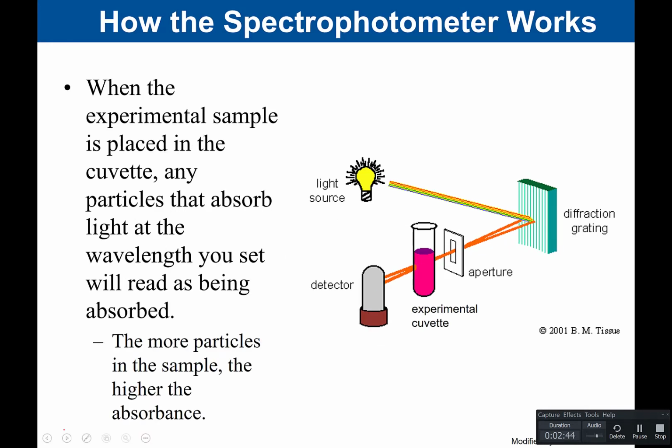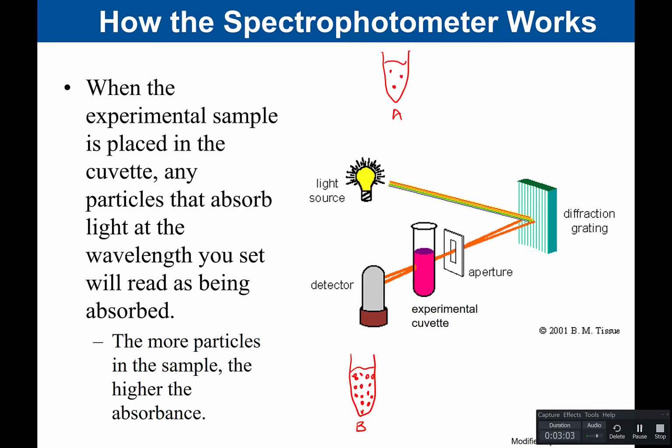Now, what happens when we put our experimental sample in? Well, when the experimental sample is placed in the cuvette, any particles that absorb light at the wavelength you set will read as being absorbed.